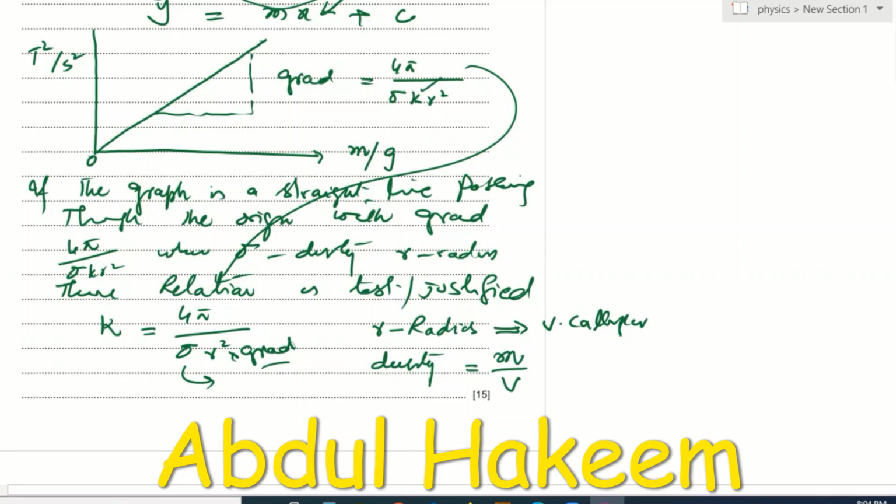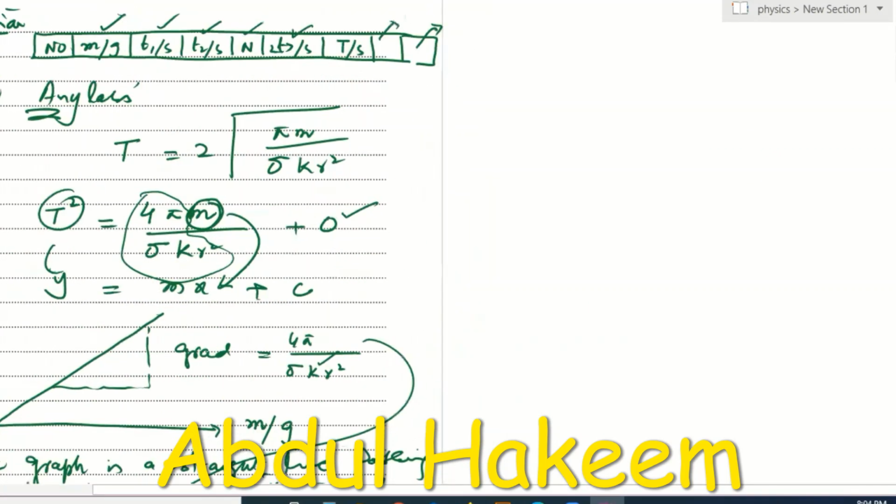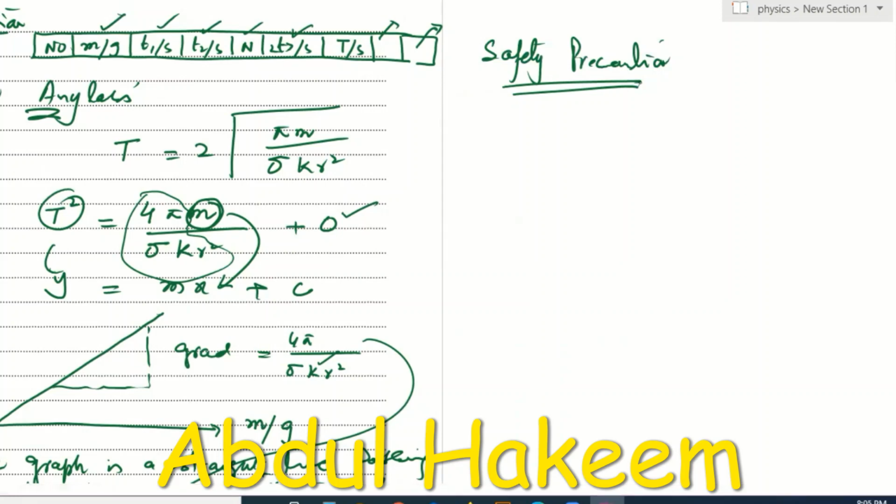So this is the data analysis. Now, the next heading is safety precaution. Here we have to write one valid safety of the observer, meaning the personal safety, not for the operators. So this is oil. Oil is flammable.